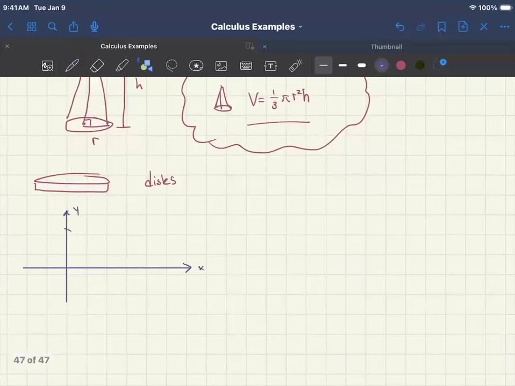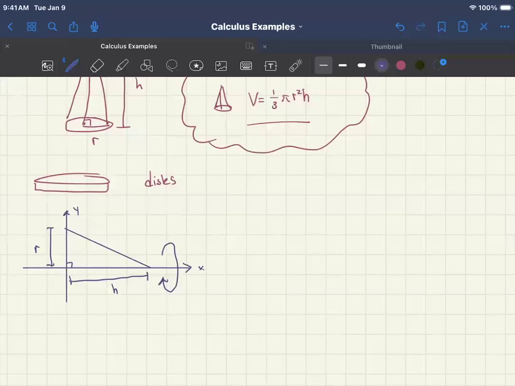So there's our line, this distance right here is our radius, and this one is going to be our height. I'm going to rotate that around our x-axis, so that's going to give us our cone shape, instead of rotating around the y-axis.